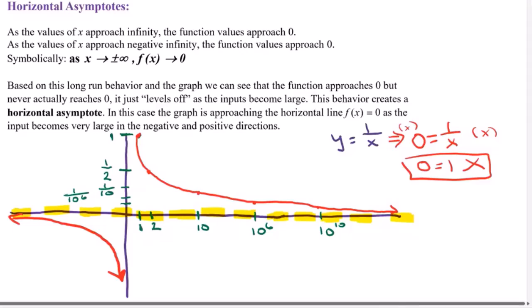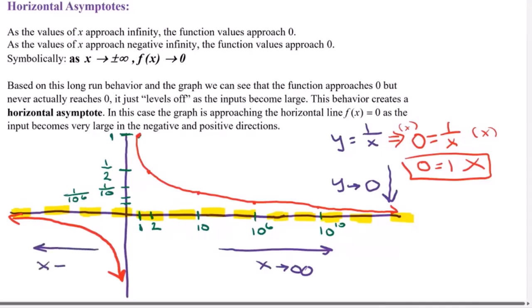So let's read what this says. It says, as the value of x approaches infinity, so notice this is getting bigger, x is approaching infinity, what's happening to y? Y is approaching 0. Okay? And in the negative direction, as x approaches negative infinity, y is approaching 0 as well.